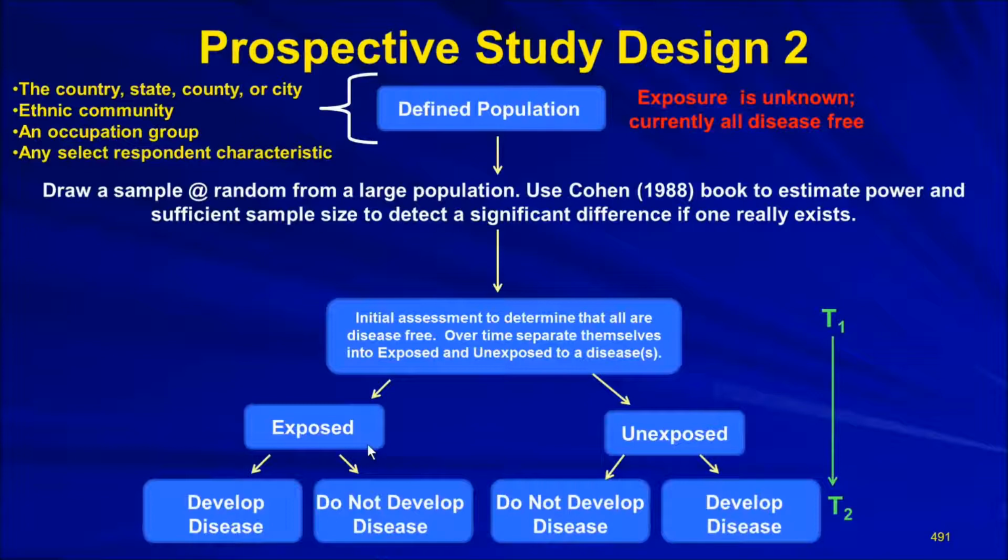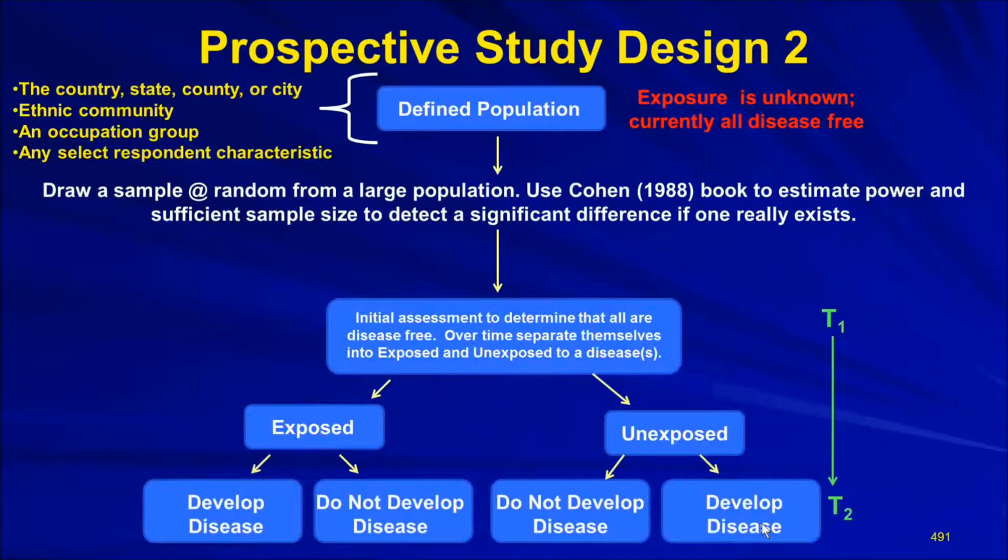It could be environmental, occupational, it could be genetic, any number of factors that you might be looking at in terms of these individuals. And after that, you see who develops the disease and who does not develop disease, and the unexposed is the same way. Okay? So you can see the differences between the two types, and hopefully this is clear and you don't have a problem with it.